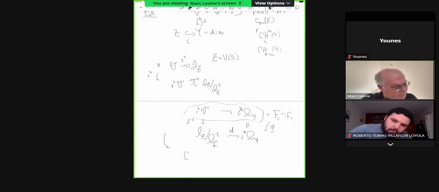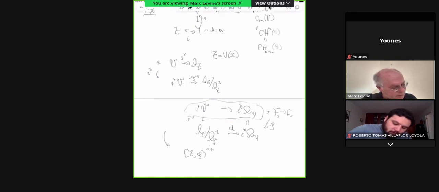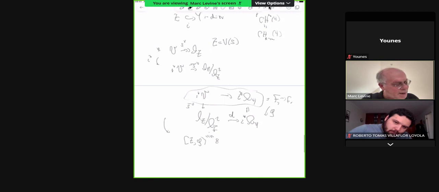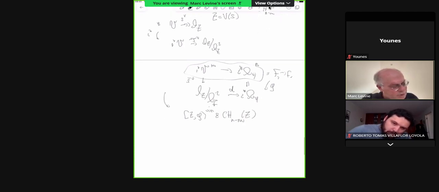And when you take the virtual fundamental class of Z, what's the rank here? This has dimension N, this has rank N, this has rank M. It'll live in Chow N minus M of Z. And it has the property that when you push this forward by I lower star to Chow N minus M of Y, it goes exactly to the top Chern class of V in here.